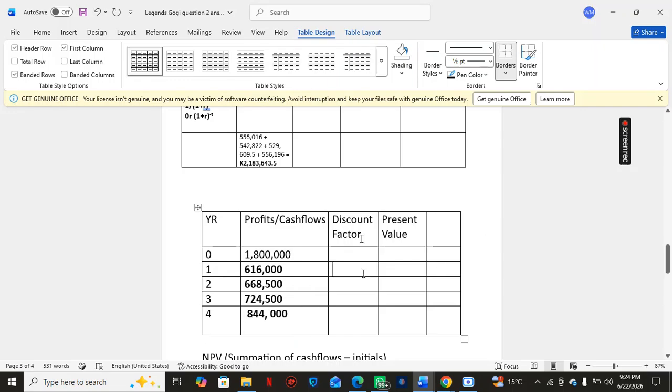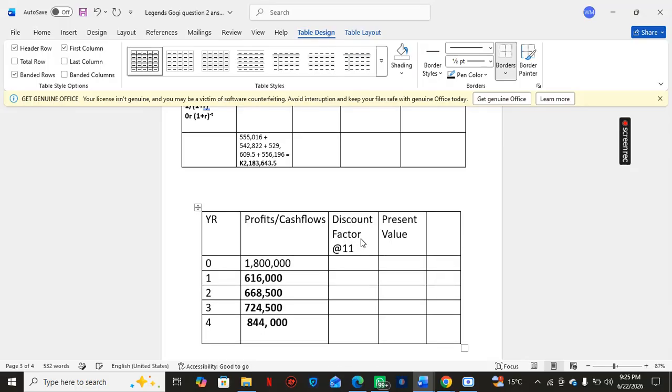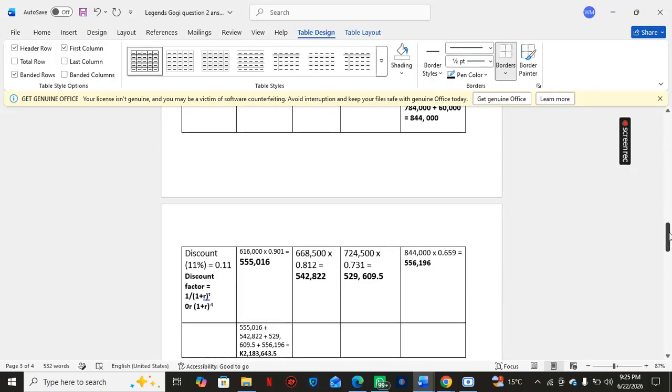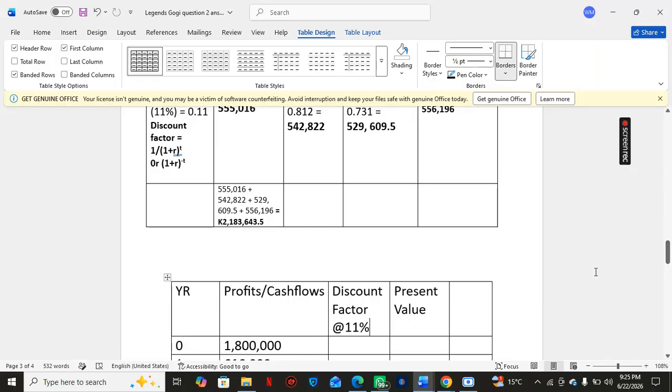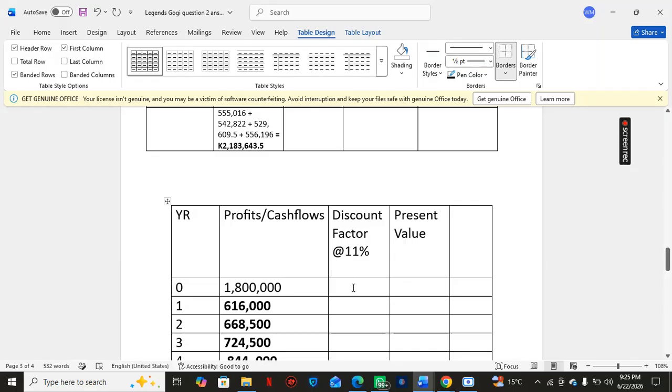Our discount factor is at 11%. So here it's going to be 1.11 to the power -0.